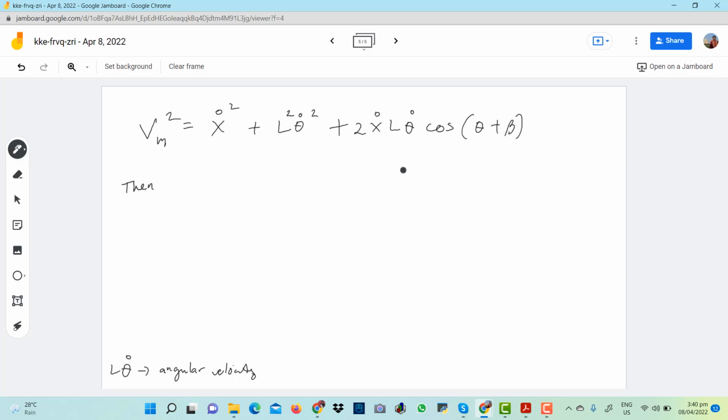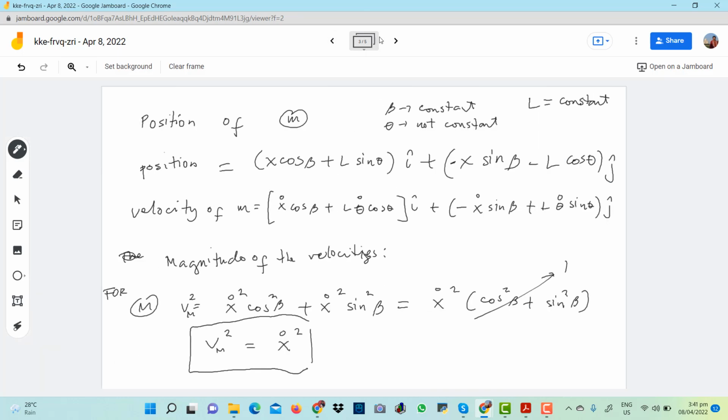Then the kinetic energy is just 1/2 big M times Vm squared plus 1/2 small m times Vm squared. So for the big M, the velocity is just x dot squared.